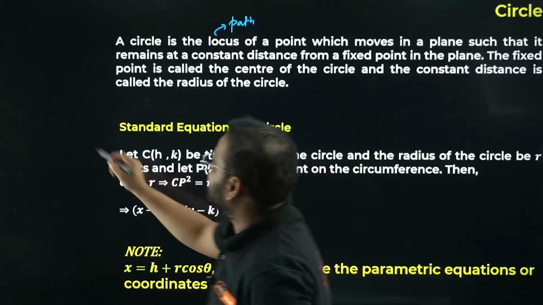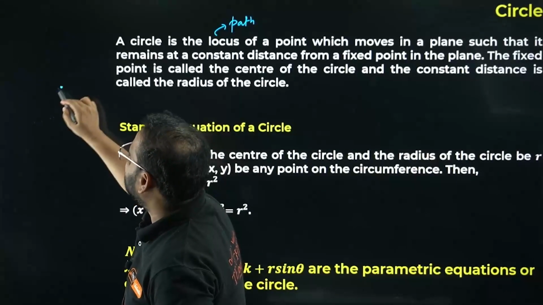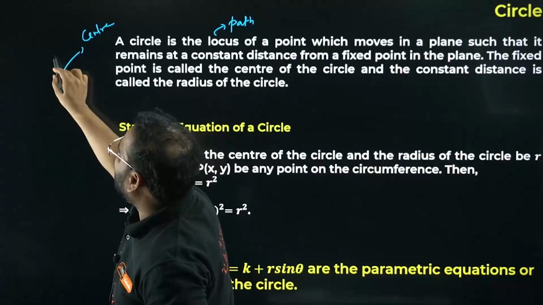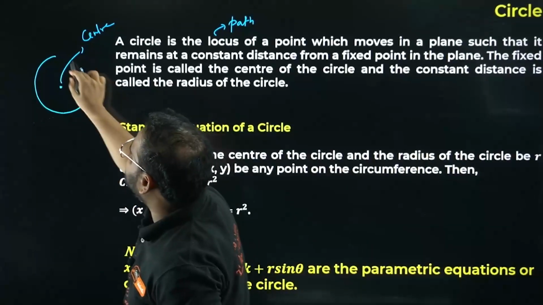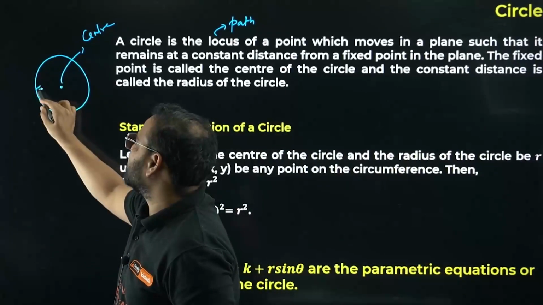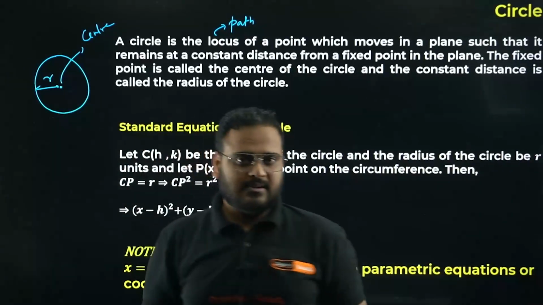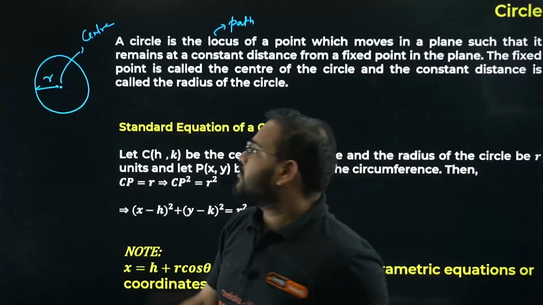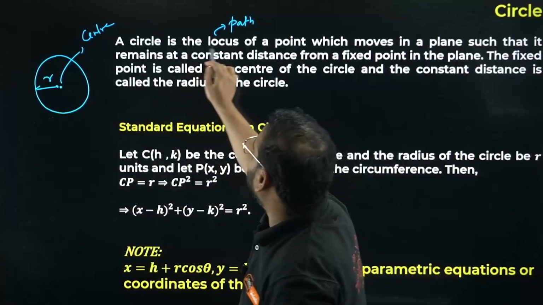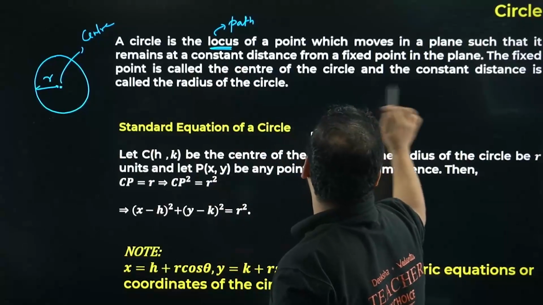This is the fixed point, called the center, and the path of the point is always at a fixed distance, which is nothing but the radius. Won't you all agree? So this path is called a circle. That's why I said the locus here is a circle.